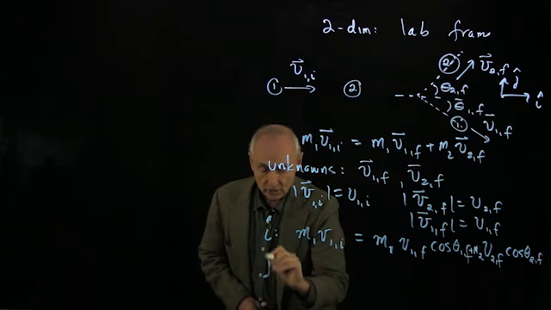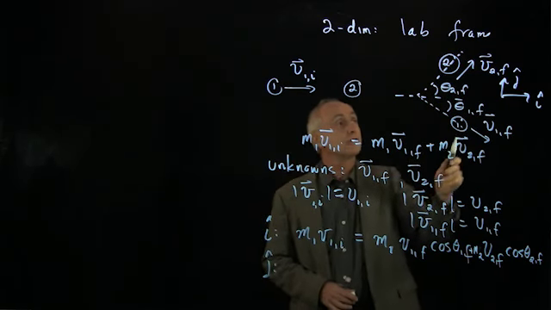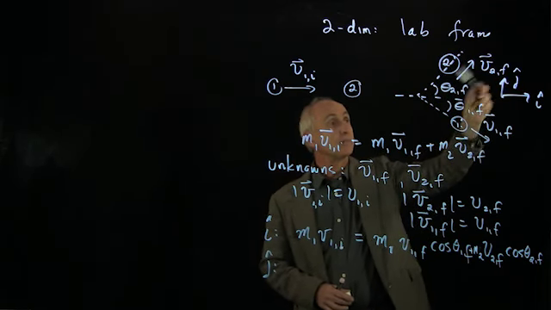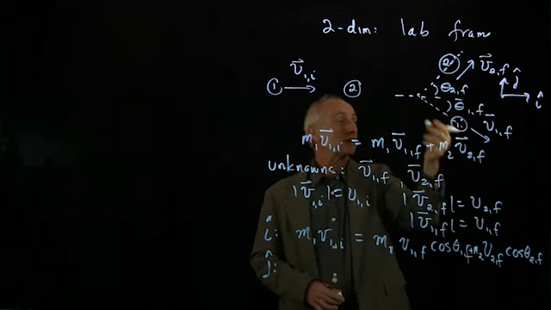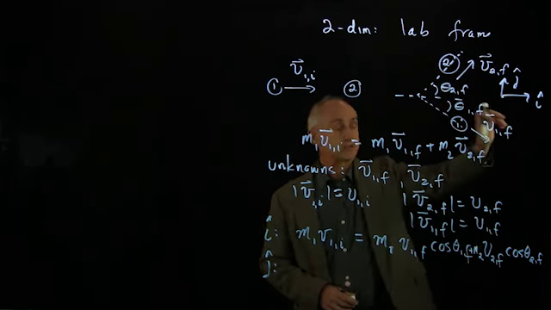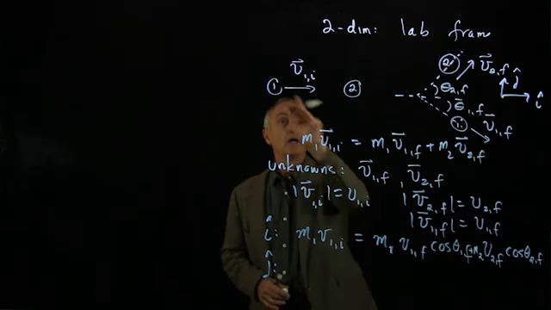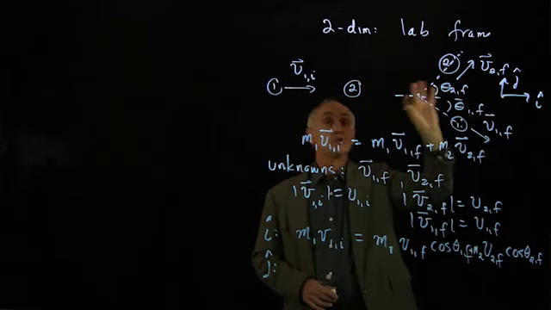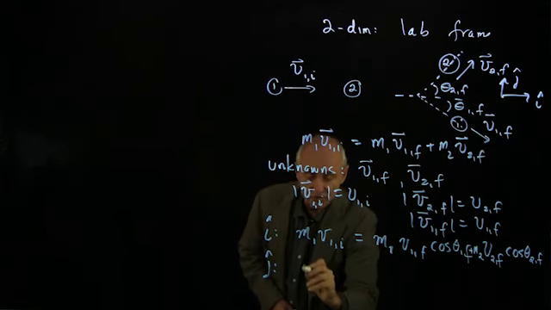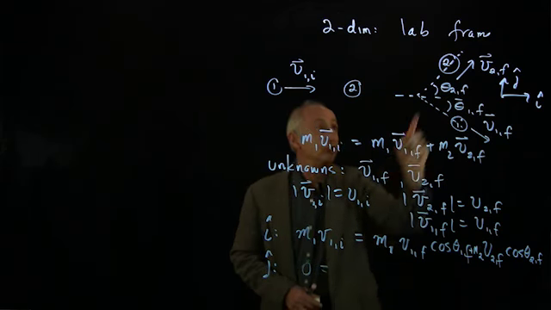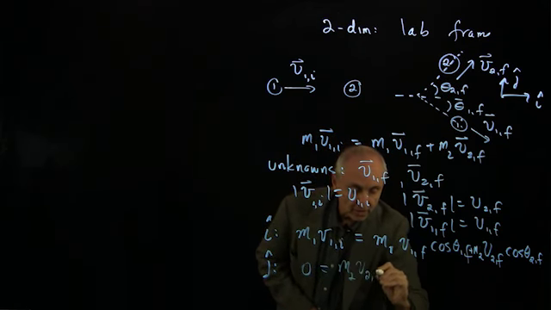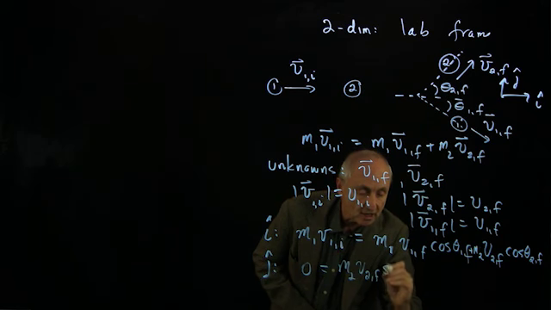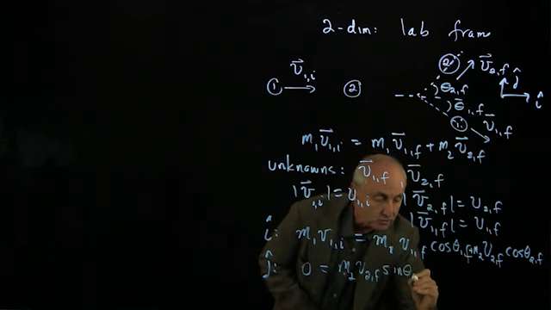Now, in the j hat direction, remember, we have to be careful because we're taking positive j hat up. So our particle 2 has a positive component in the j direction, and our particle 1 has a negative component in the j direction. For the incoming momentum, there's no momentum in the j direction, so we have a 0, and that is equal to positive m2 v2 final sine theta 2 final.